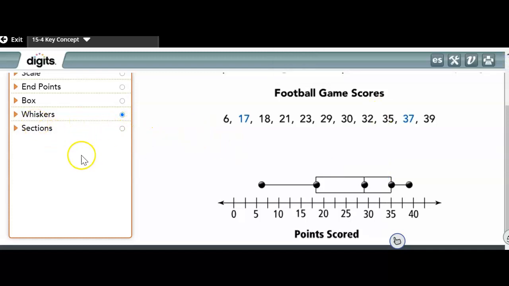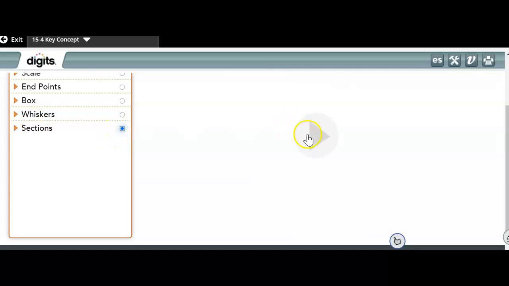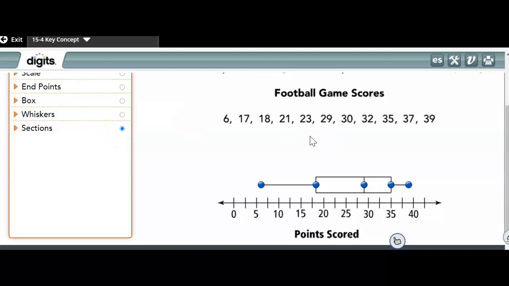All right, now we're going to talk about our sections inside of our box plot. Let's see how the data is distributed in a box plot. The dots on the box plot are at the minimum, maximum, middle value, and middle values of both halves of the scores.